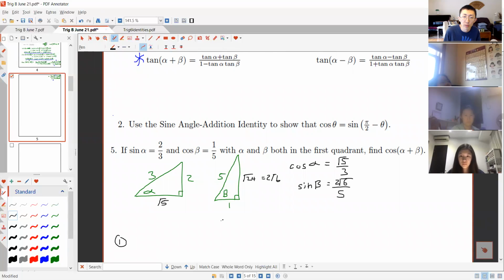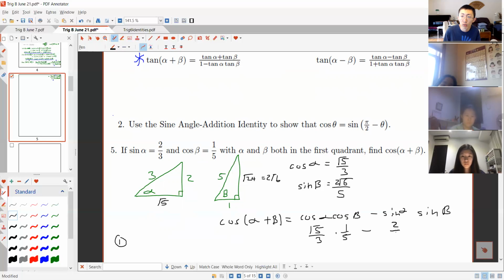So then if we use the cosine addition formula, it's cosine cosine, I'll just write an abbreviation, minus sine sine. And then I just put in the two angles, alpha, beta, alpha, beta. So that's cosine alpha 2/3 times cosine beta 1/5, minus sine alpha √5/3 times sine beta 2√6/5.